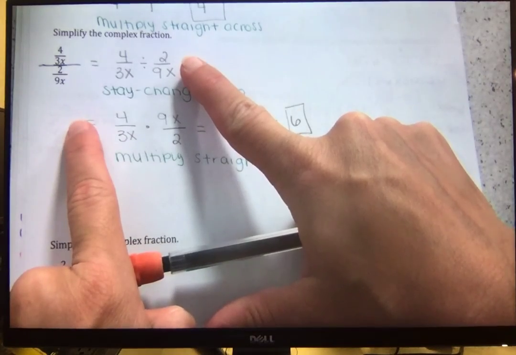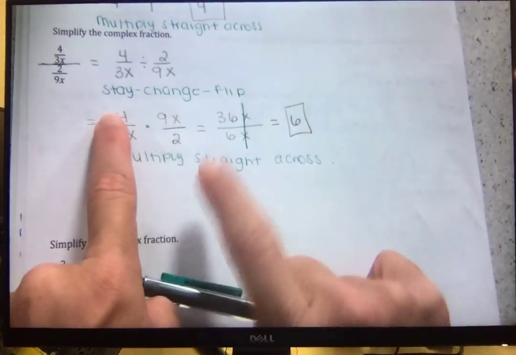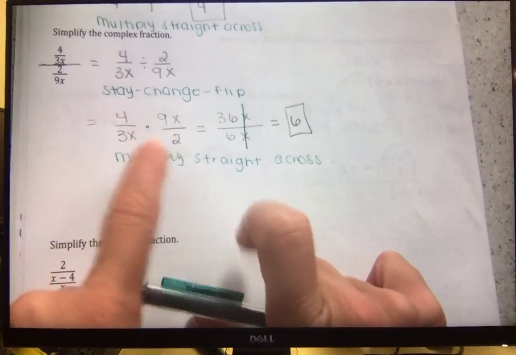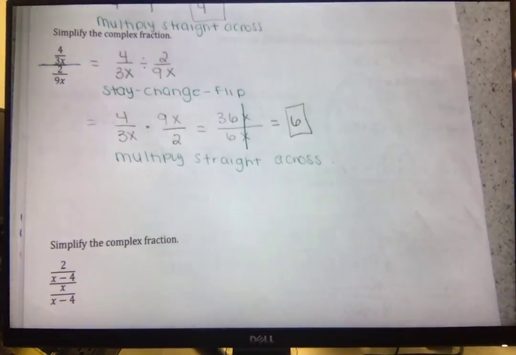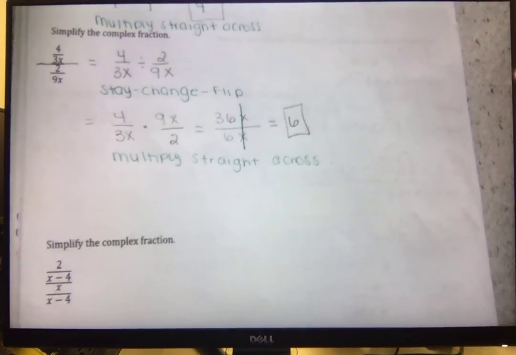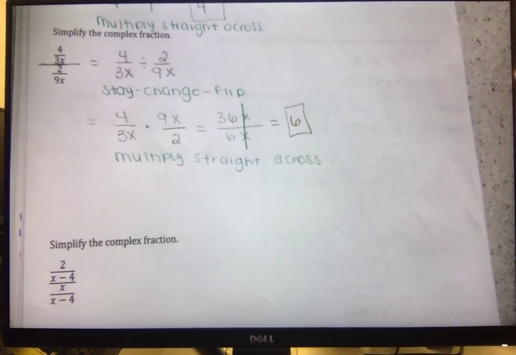But if you want to simplify here and say, okay, 4 divided by 2 is 2, 9x divided by 3x is 3, you can do that too. 2 times 3 is 6. So you can simplify wherever you want. Either way, you're going to do the same thing. Great question.